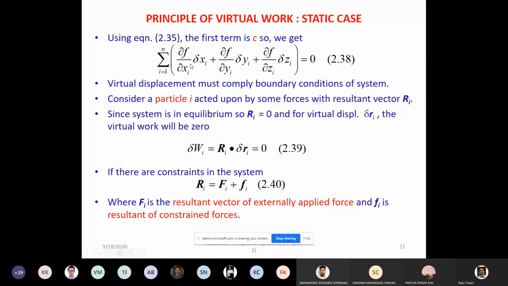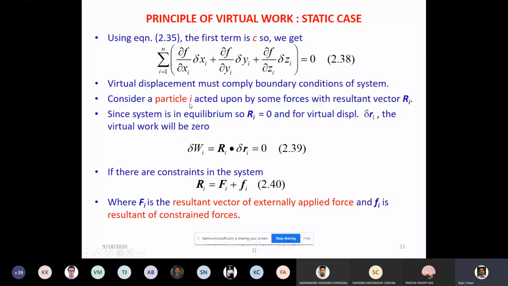So let us say we take one particle, the ith particle among n particles in the system, acted upon by several forces, but the resultant of that is, let us say, Ri. So in particle i, some forces are acting with resultant equal to Ri.